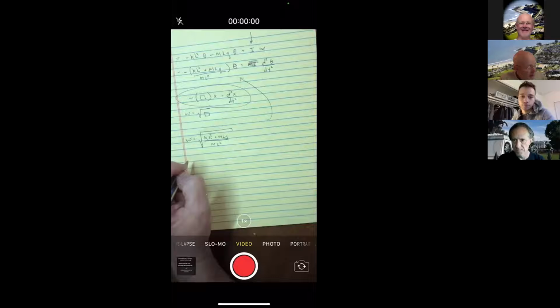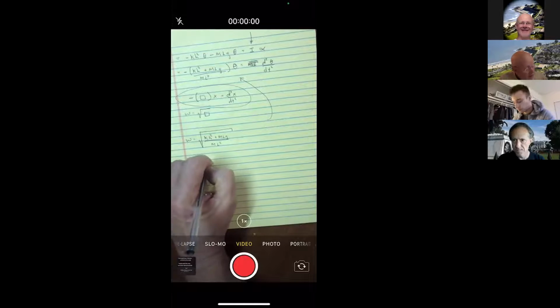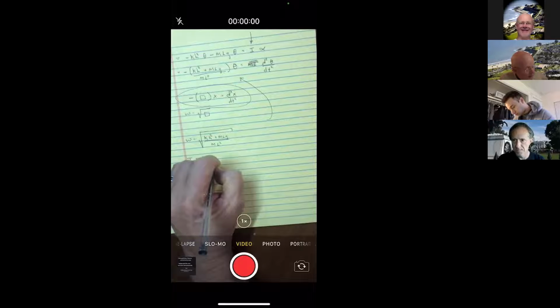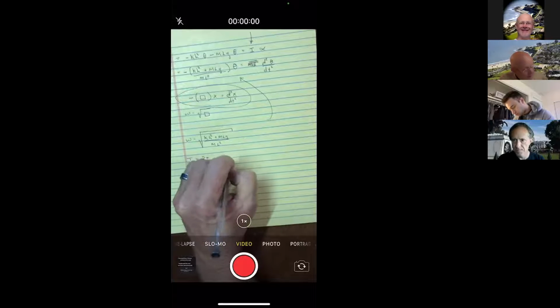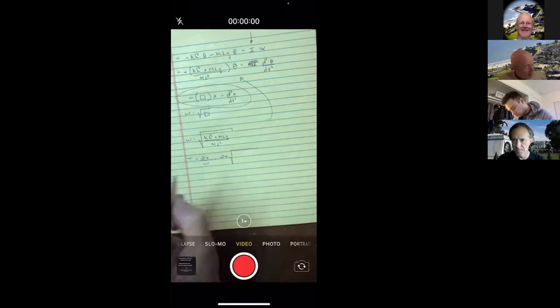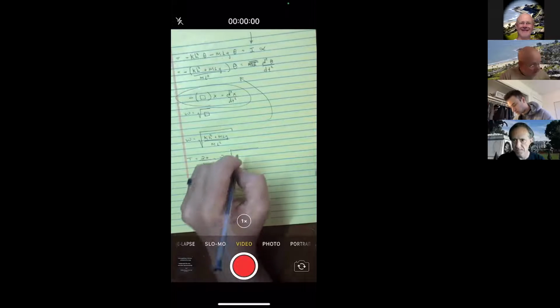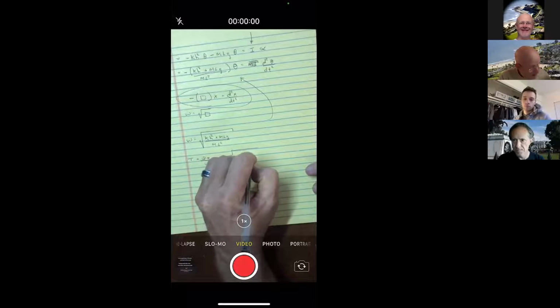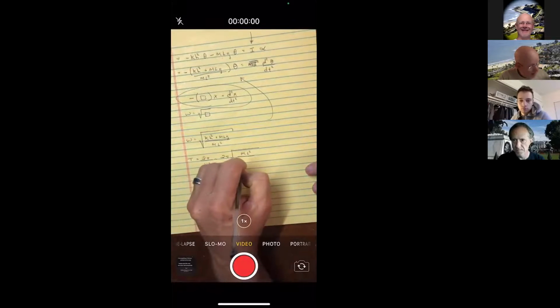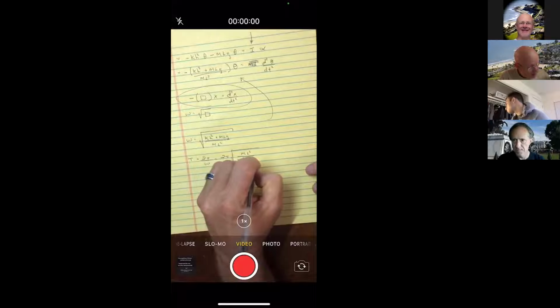The period is 2 pi over the omega, so let me take that omega and flip it. I get ml squared over kh squared plus mlg.